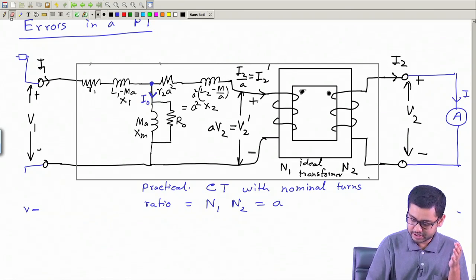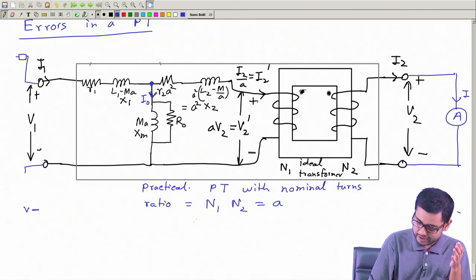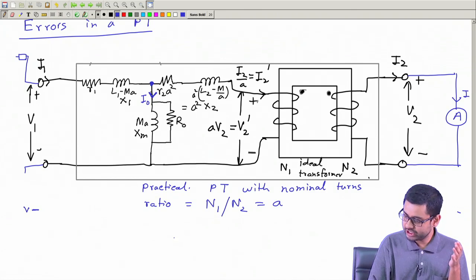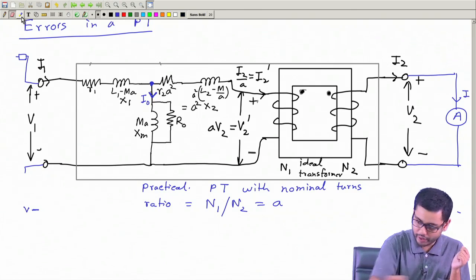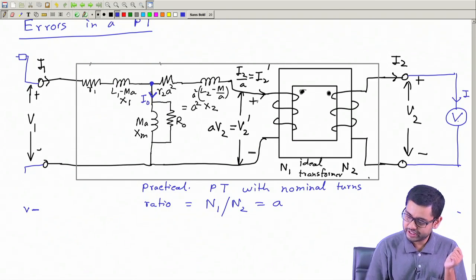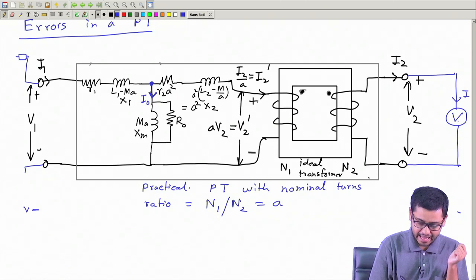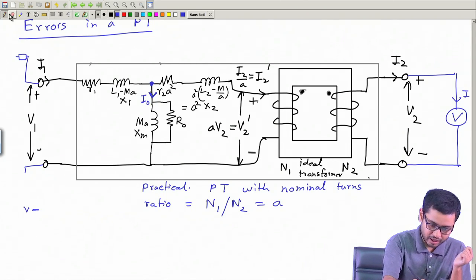So let this be a PT with turns ratio N1 by N2 equal to A. The secondary, of course, will now have a voltmeter V, and the primary is supposed to measure a voltage.